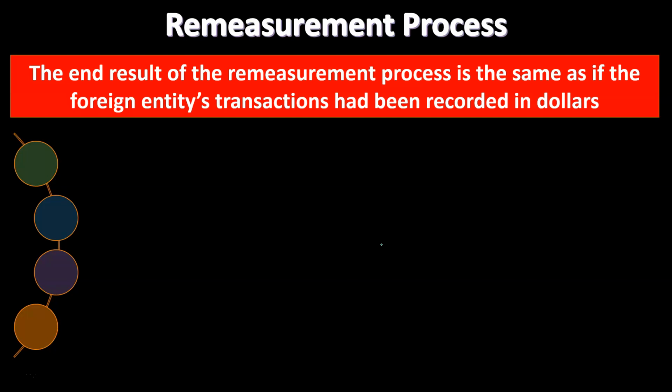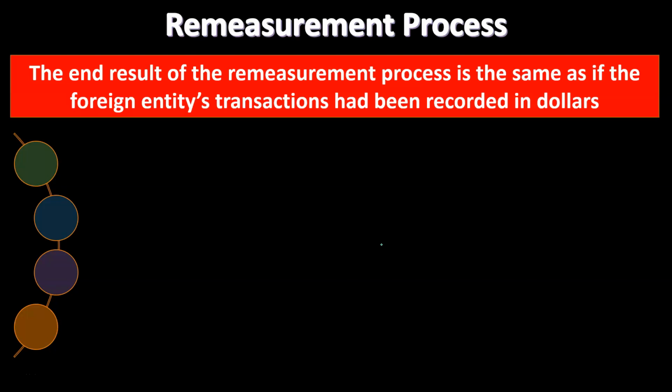So the remeasurement process. The end result of the remeasurement process is the same as if the foreign entity's transactions had been recorded in dollars. That's the objective we want to have happening here. So when you think about remeasurement, you can think about the reasoning of this. You've got the subsidiary in the foreign company, they've got their books in foreign currency, and then the question is, is the functional currency the foreign currency?